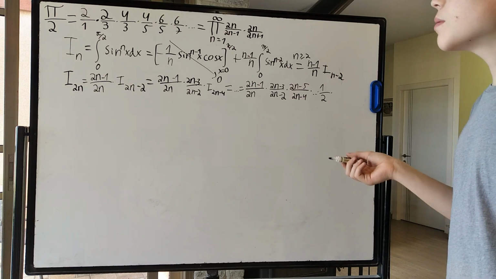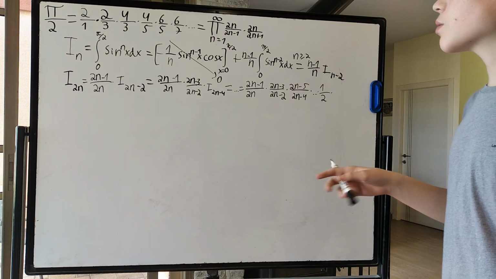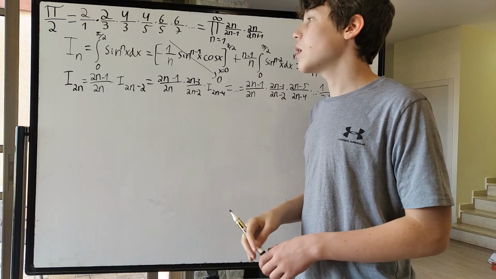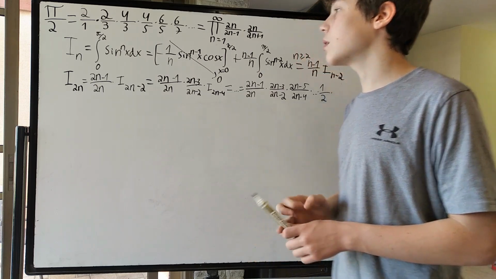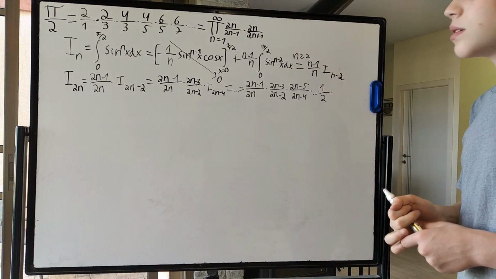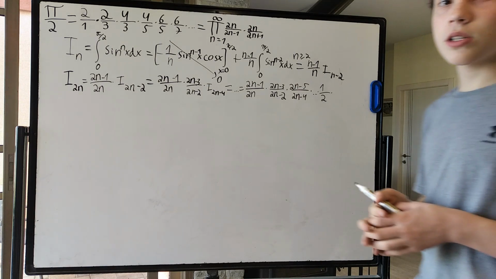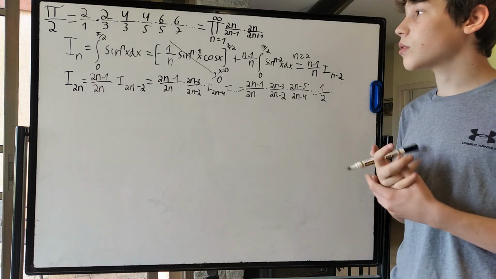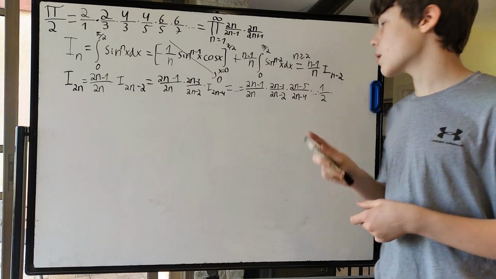But what's I_0? It's exactly the integral from 0 to pi over 2 of sine to the power of 0 times x, which is the integral from 0 to pi over 2 of 1, which is pi over 2.